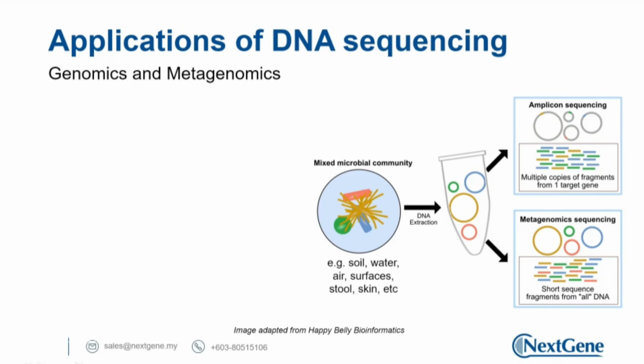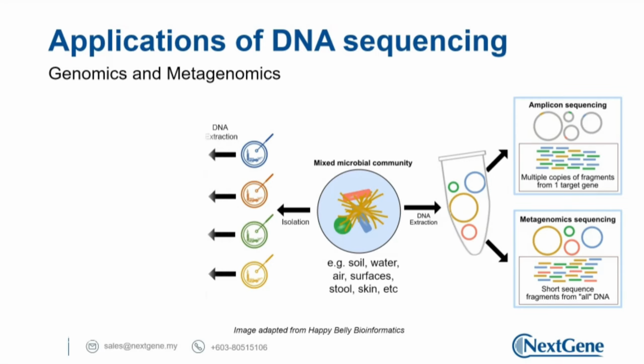And then sometimes in our projects or experiments, we might be doing some isolations. That means from one mixed sample, we could try to isolate different bacteria, different species, into different cultures. When we extract the DNA from each of these pure isolates, we get multiple samples, and each sample only has DNA coming from one single species.